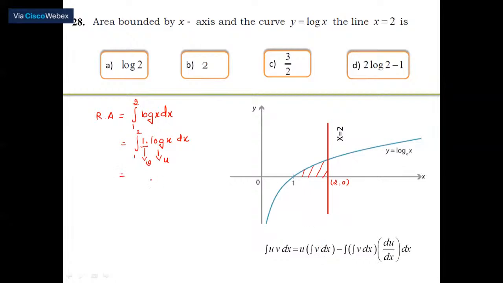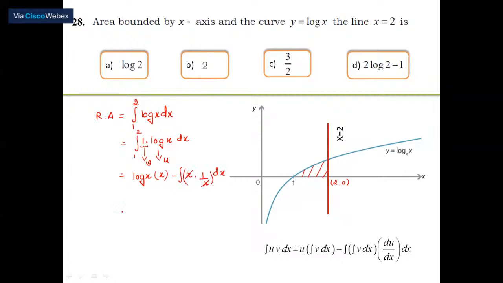So according to our integration by parts, first function as it is, log x as it is, integration of the second, and integration of 1 is x, minus integration of the second function, that is integration of 1, which is equal to x, and differentiation of the first function, and differentiation of our log x is 1 by x.